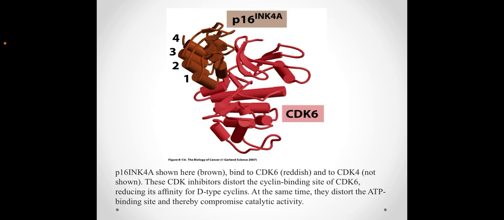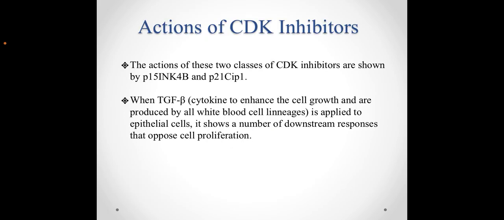P16 INK4A, shown here in brown, binds to CDK6, reddish in color, and to CDK4, not shown. These CDK inhibitors distort the cyclin binding site of CDK6, reducing its affinity for D-type cyclins. At the same time, they disrupt the ATP binding site and thereby compromise catalytic activity.